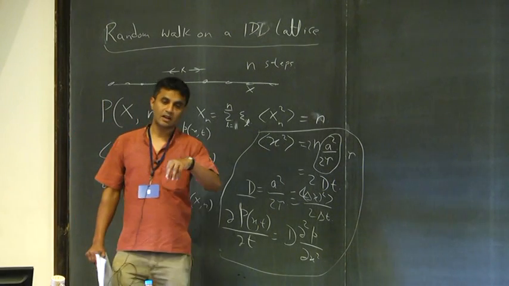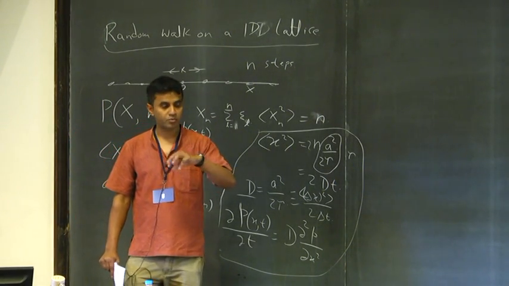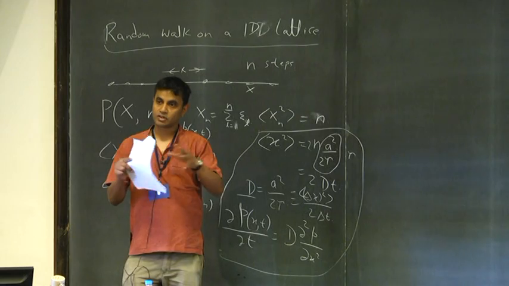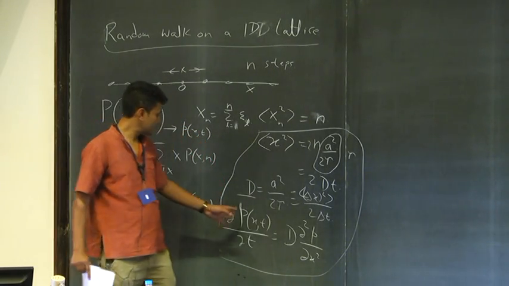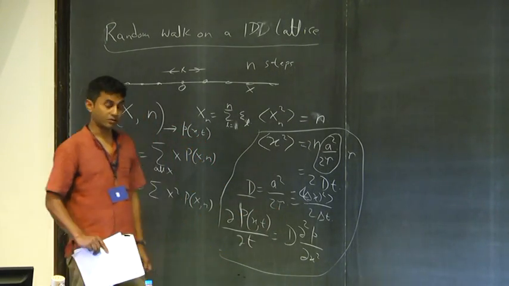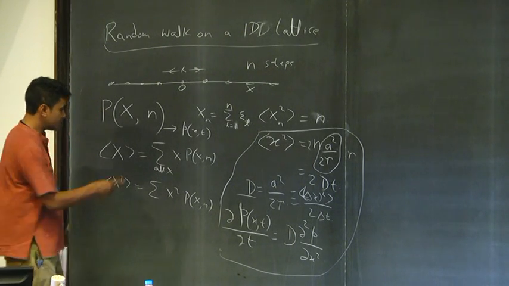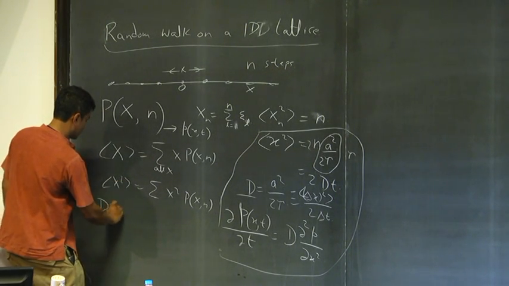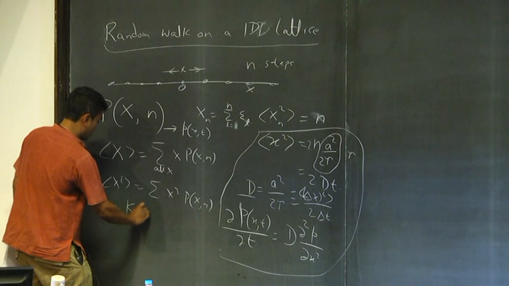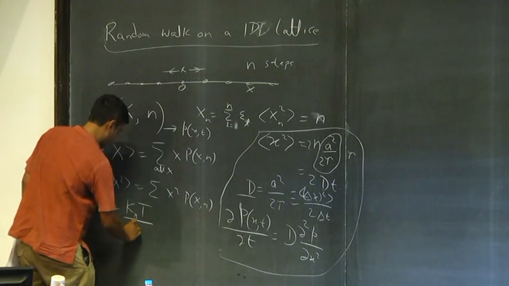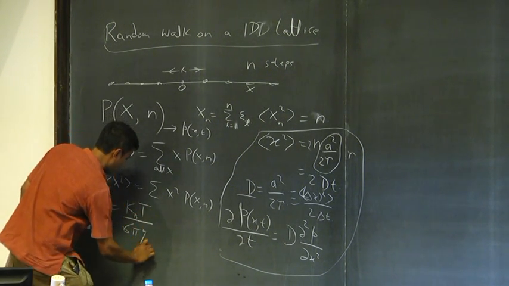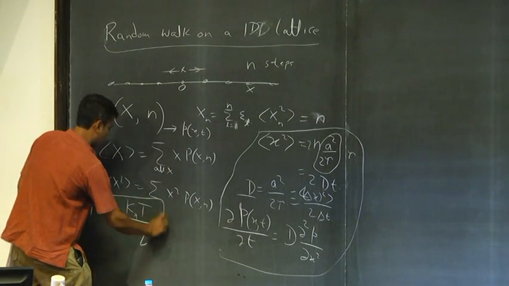Or you could start a large number of colloidal particles from one point and see what the density is, and both the density and the probability distribution will satisfy this equation. And for colloidal particles, this diffusion constant is given by the Einstein formula, or Sutherland-Einstein formula.